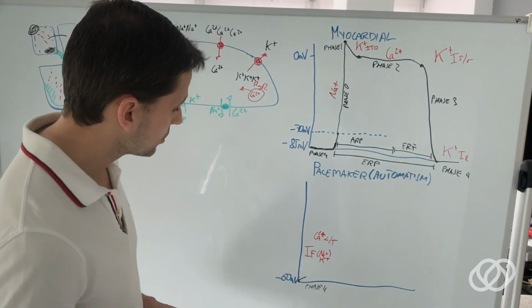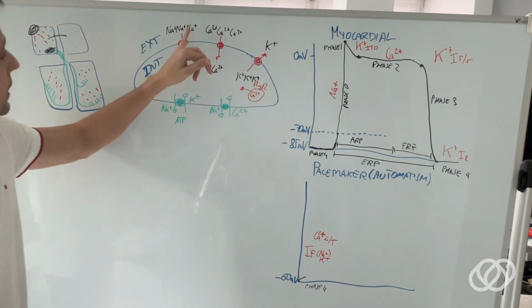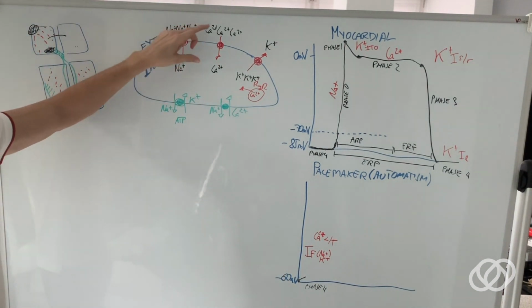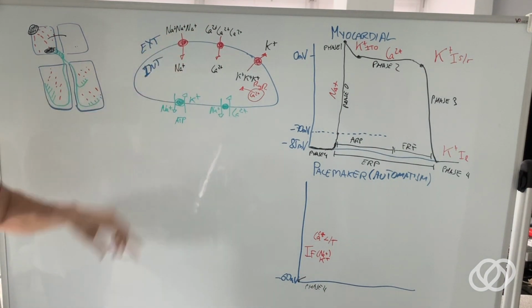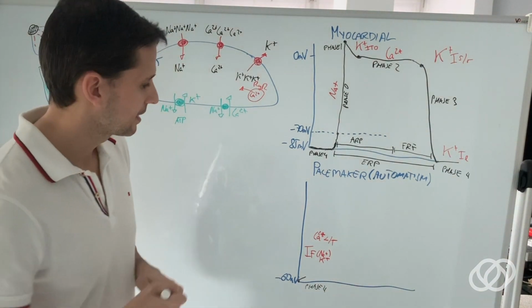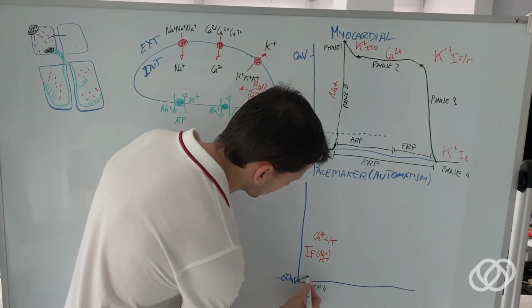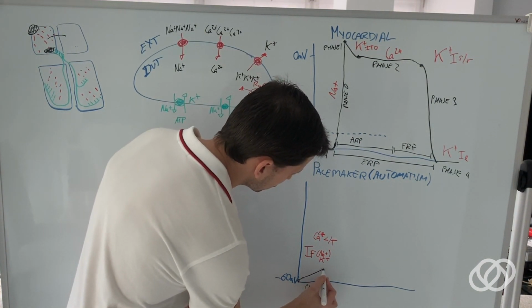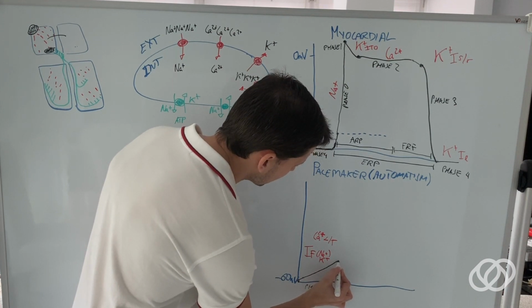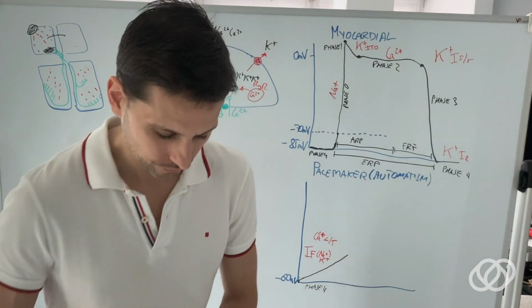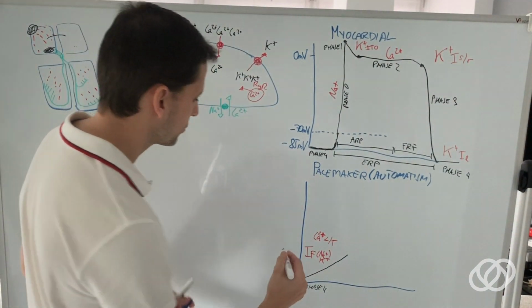So what they do is that they put either sodium and calcium very slowly inside the cell. So they are performing a very slow depolarization of the cell. So the cell is depolarizing very slowly, up to a new threshold that we have here.